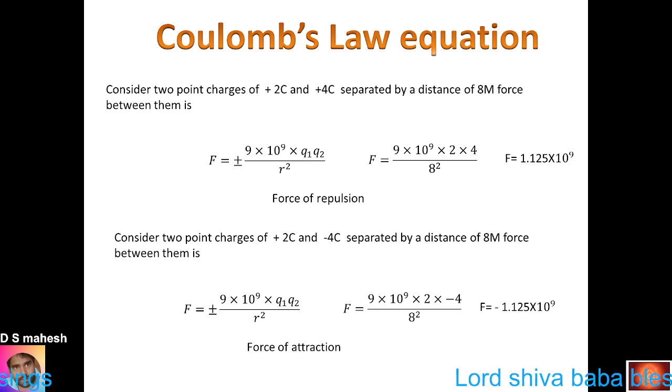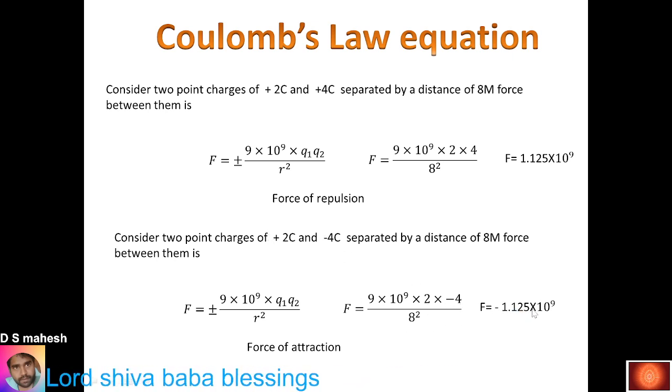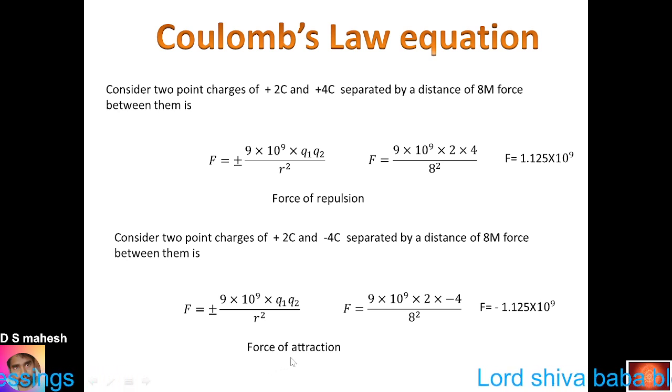In this case, when you substitute in the formula, we'll be getting force as 9 into 10 to the power of 9, 2 into minus 4. So the result is minus 1.125 into 10 to the power of 9. So the negative indicates that there is a force of attraction. What does it mean? There should be one positive charge and the other negative charge.